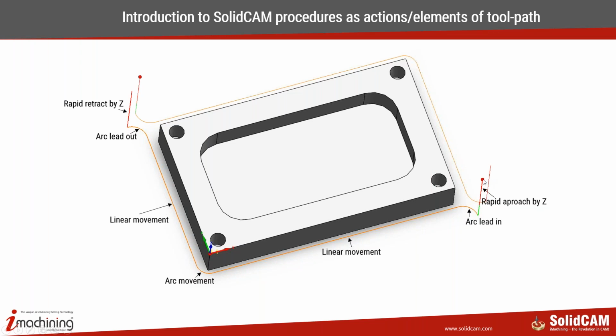Now you have the tool start point, we have a rapid approach by Z, we have an arc lead-in, again a linear machining move, arc movement again, linear, there's an arc lead out, and rapid retract by Z. Now, how do we know what procedures or parameters are called from SolidCam for all these moves?